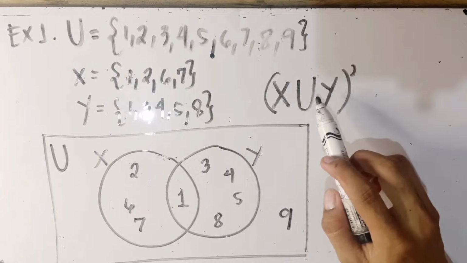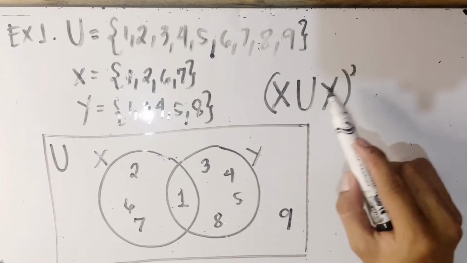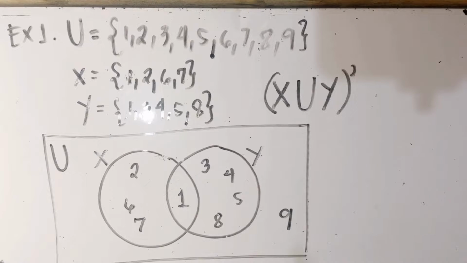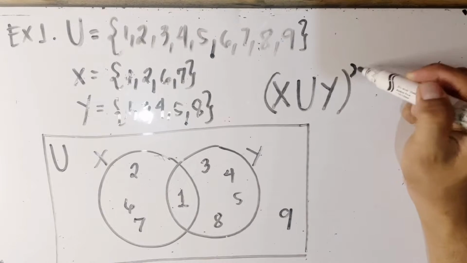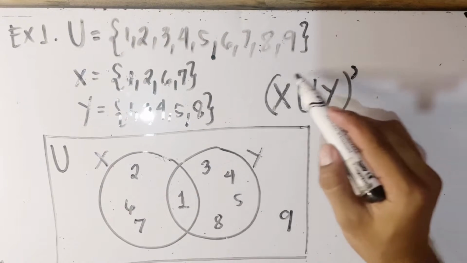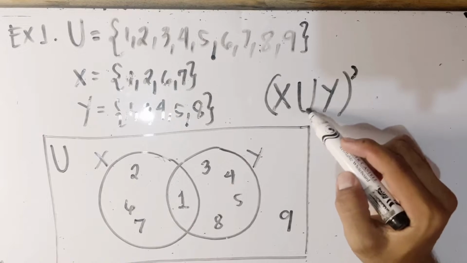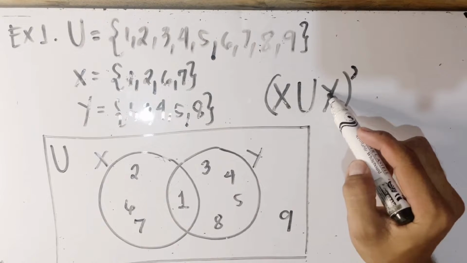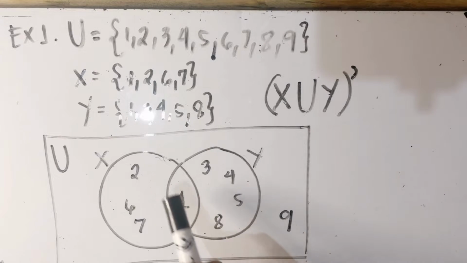We can solve the complement of the union of X and Y easier. First, before we solve for the complement, let us solve first the innermost, which is the union of X and Y. The union of X and Y is this part.